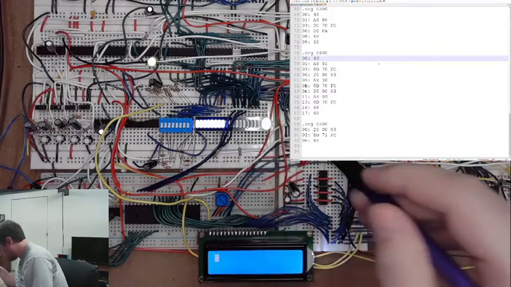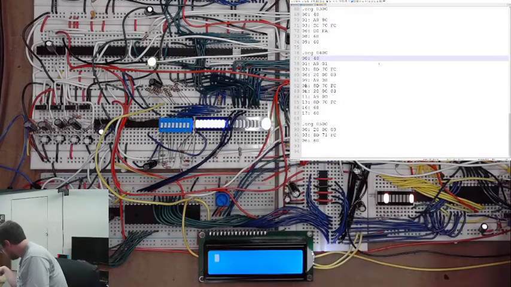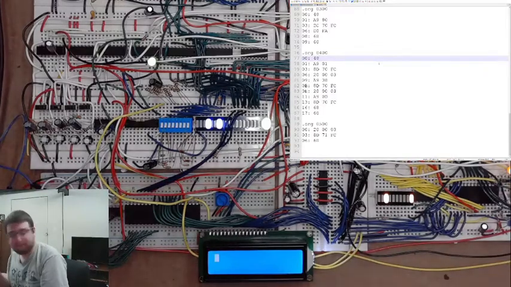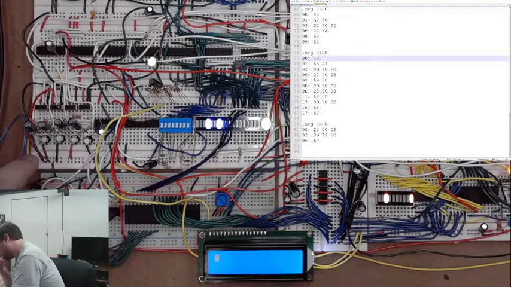We're in bank 4. 0. Re-enable RAM. What do we got? 4, 8. Correct.